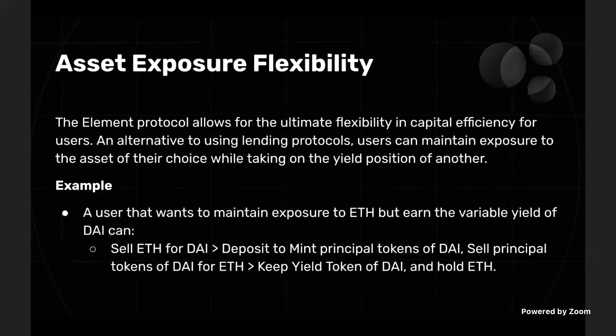So an example that we like to explain is if a user wants to maintain exposure to ETH because they love it so much, but they also want to earn the yield from a stablecoin, they can simply sell ETH for DAI, deposit to mint principal tokens of DAI, sell those principal tokens back for ETH to keep that exposure to ETH. But at the same time, you're keeping that exposure to the yield token of DAI and you're still holding your precious ETH.